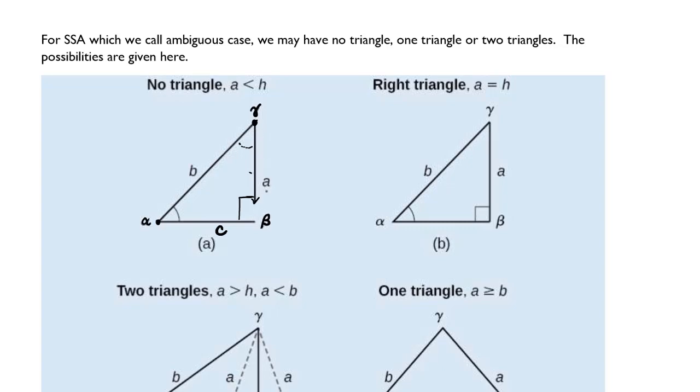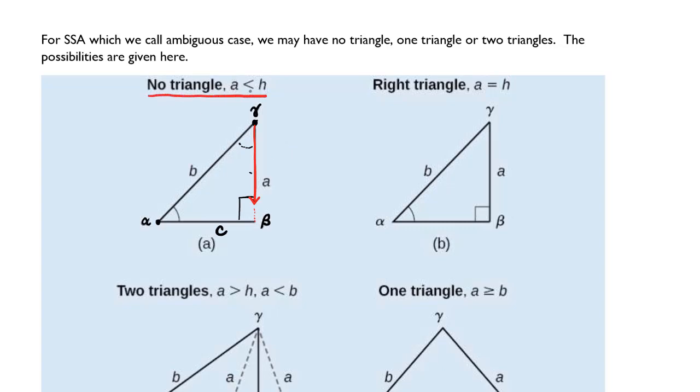If we know this side A, but it swings across because the gamma angle can change, and it doesn't touch anything, that means there is no triangle. So when the side A is given, and it's too short, shorter than if it was a right triangle, and it doesn't touch, eek, there's no triangle.